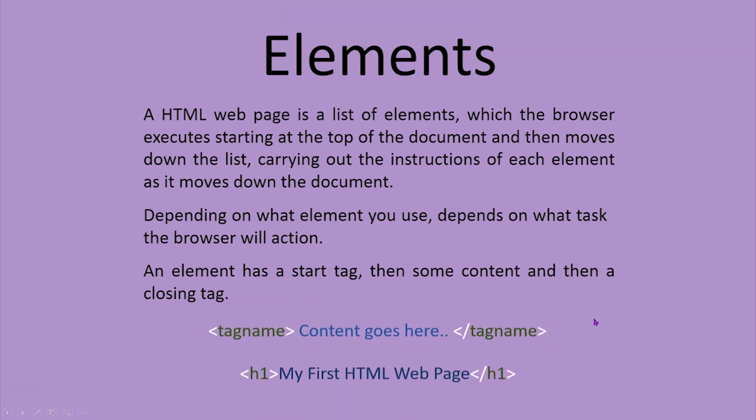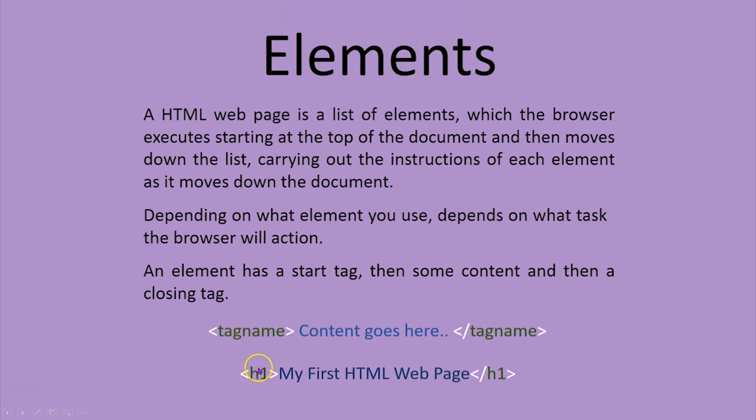Now, one tag element available in HTML is an H1 element. H1 is the biggest header you can have. So, for example, if this was a web page, this element information here, the title, would be displayed in an H1 tag. So, let's say, for instance, I wanted to call this my first HTML web page.